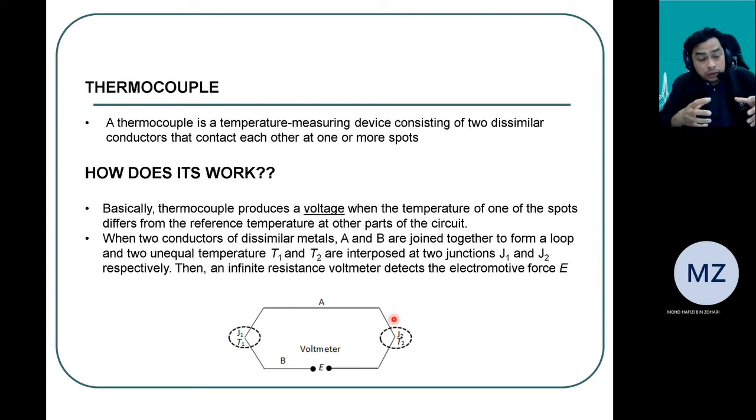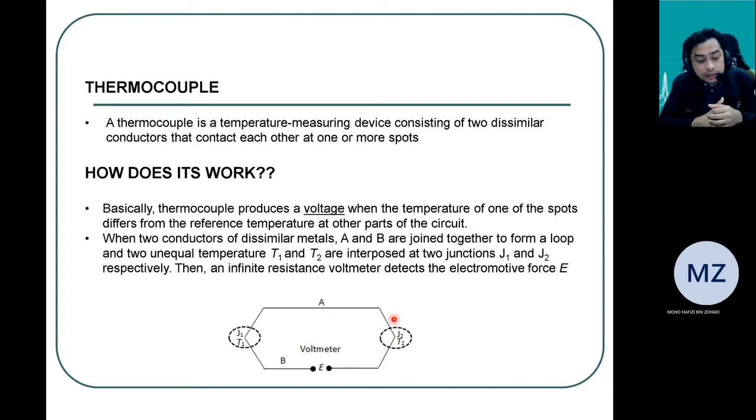If the EMF is low, for example, if we have materials A and B and when they combine together they produce low EMF, a current can still flow, but at a low rate of flow.